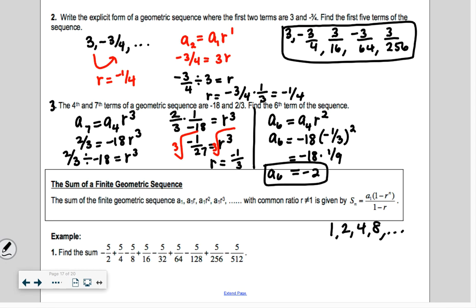Does it make sense? Okay, so the question is, if I have an infinite number of terms, won't it always be infinity? I don't know. What if you have a sequence that looks like 1, 1/2, 1/4, 1/8? Do you remember talking about this before? Can I add up all of those terms, and if I add up an infinite number of numbers, do I get infinity?